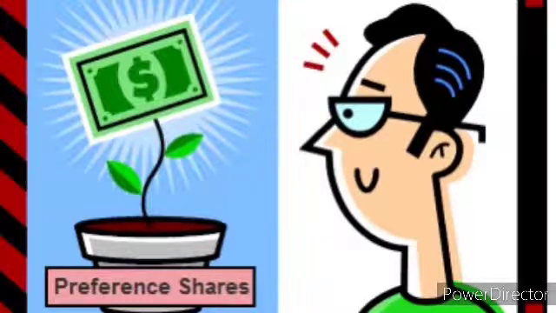Next is participating and non-participating. Participating preference shares are those on which the investors have the right to participate in the surplus of the profits left after paying all the dividend. Like, the company has given all the dividend, but they still have some profit left, so participating preference shareholders will get dividend from that surplus also.